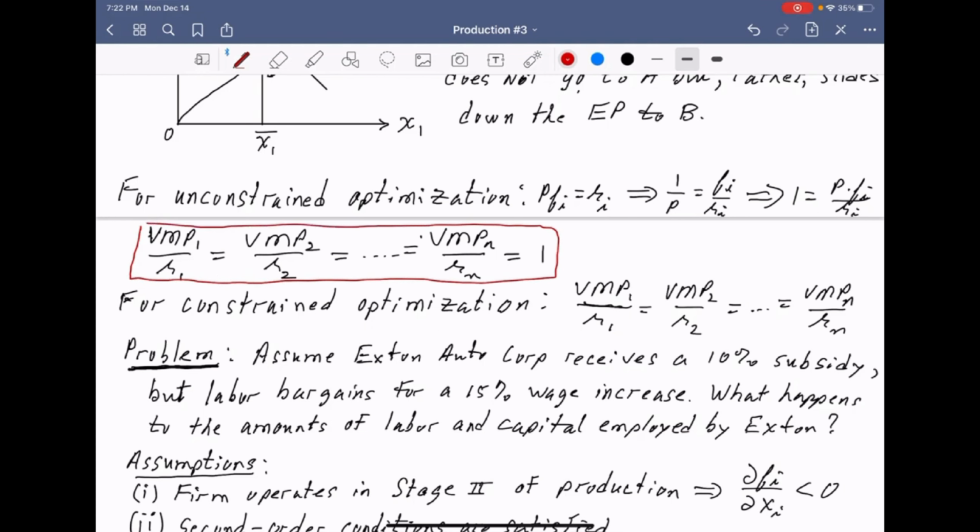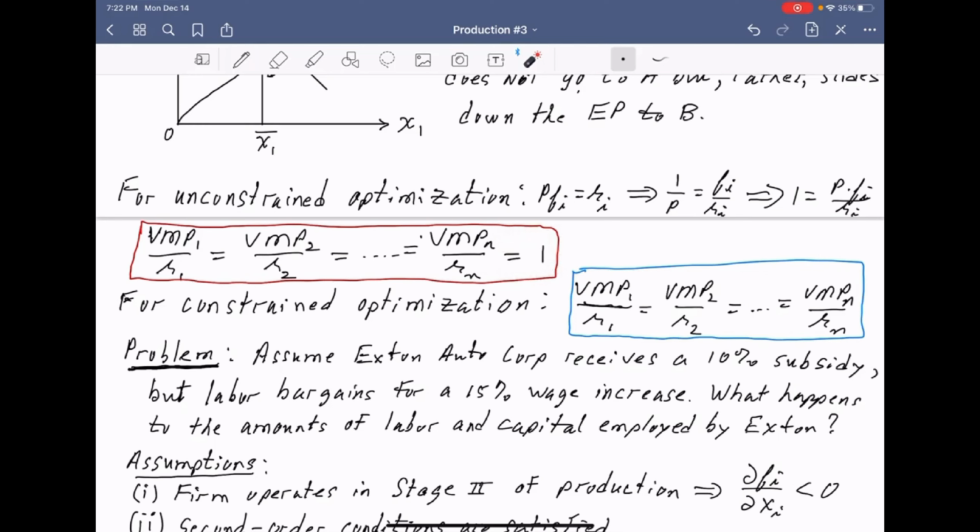All right. So we find for constrained optimization, however, that this result holds. And notice the main difference between the two. That main difference relates to this equal to 1 component.